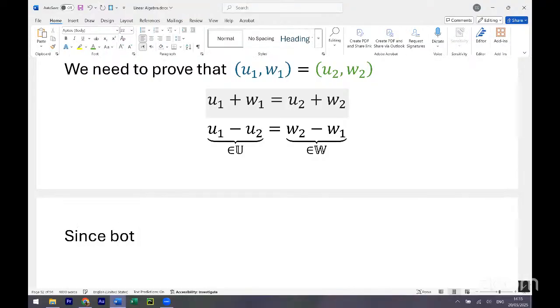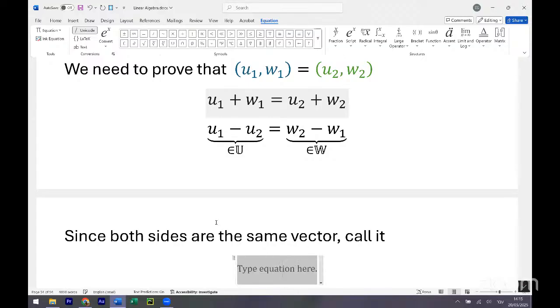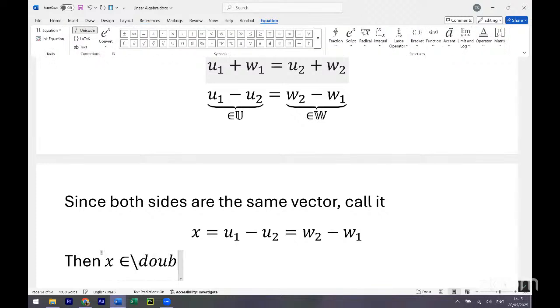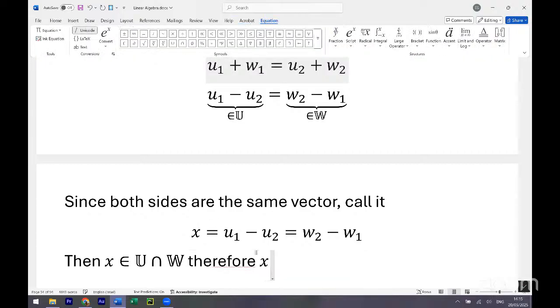Since both sides are the same vector, call it x, which is U1 minus U2, which is also W2 minus W1. Then x is within the intersection, and therefore x must equal the 0 vector.